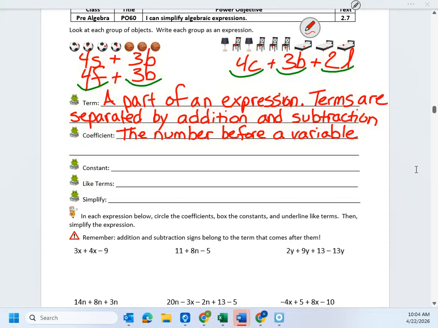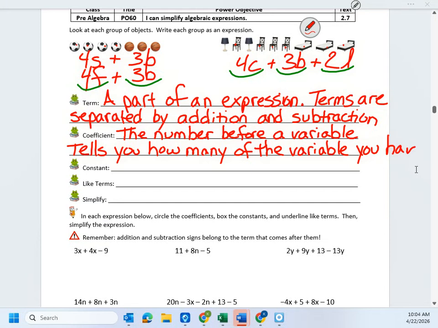It tells you how many of the variable you have. So if we look up here, our coefficient of 4 tells us we have 4 footballs. The coefficient of 3 tells us we have 3 basketballs. Okay, so that coefficient tells you how many of the variables.